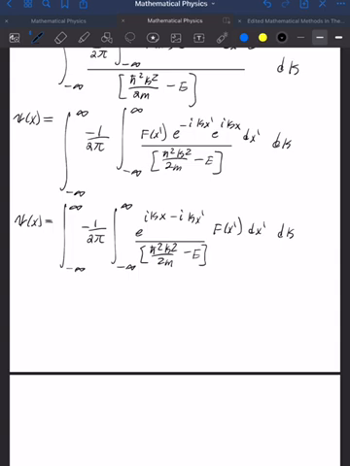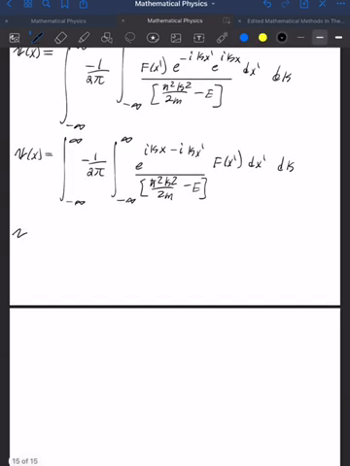Now, we can reverse the order of these two integrals. So we can integrate first with respect to dk and then dx prime second, right? That is mathematically legal and it's mathematically correct. So we can completely do that.